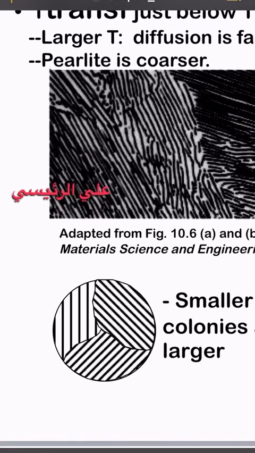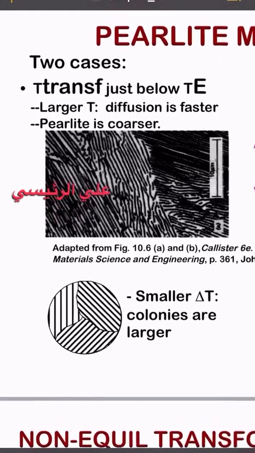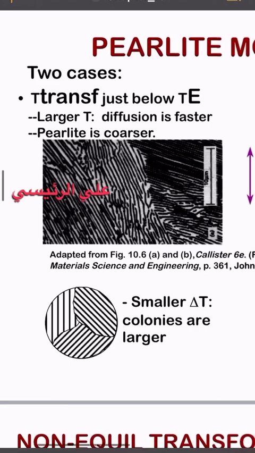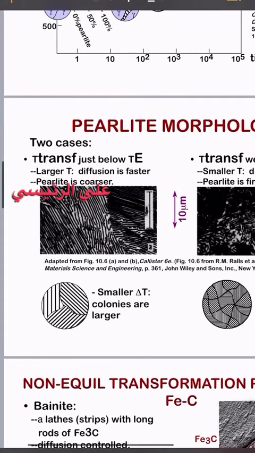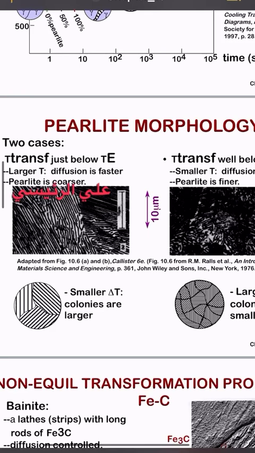As I said, delta T, the temperature difference, is low in this case. If you start at 727 and go below to 700, the main temperature is 727 and you go below to 700.